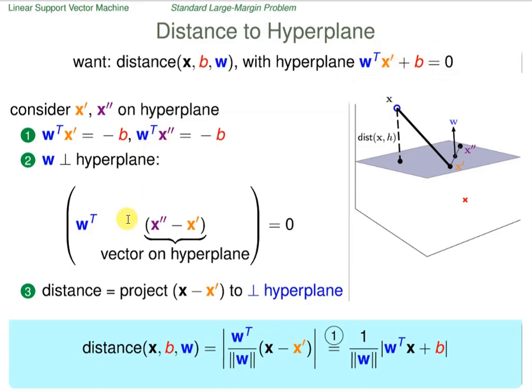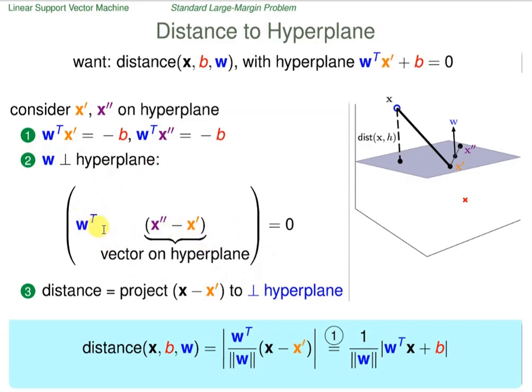Second, we must realize that the weight vector is perpendicular to the hyperplane in x space. Since these 2 points, x prime and x double prime, lie on the hyperplane, they must satisfy the plane equation, so W is perpendicular to the hyperplane as follows.